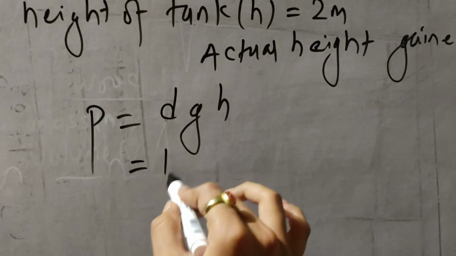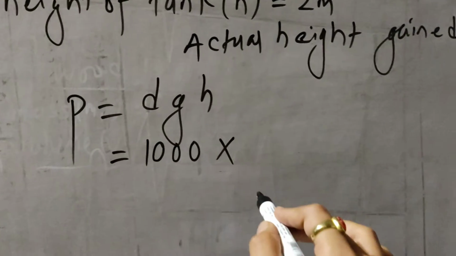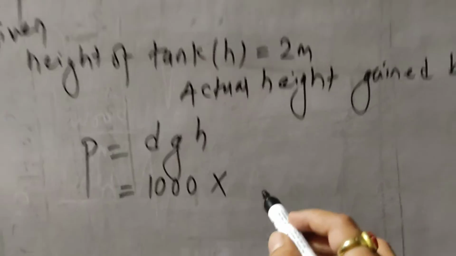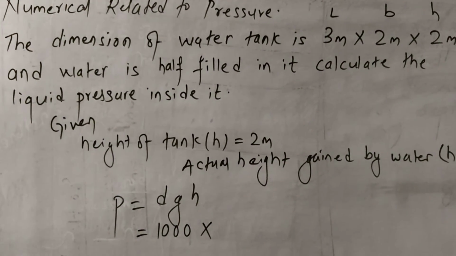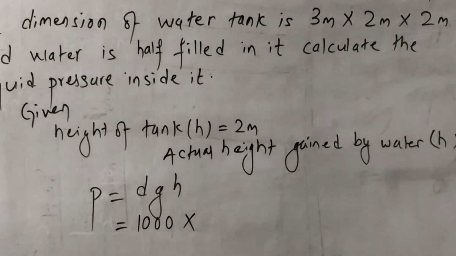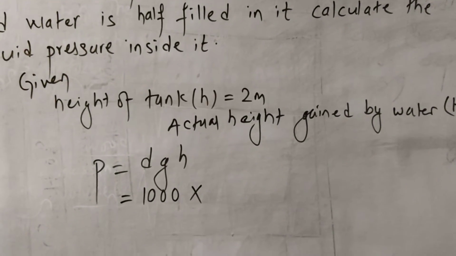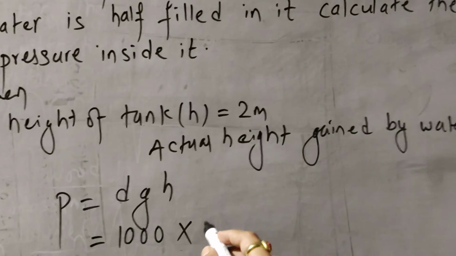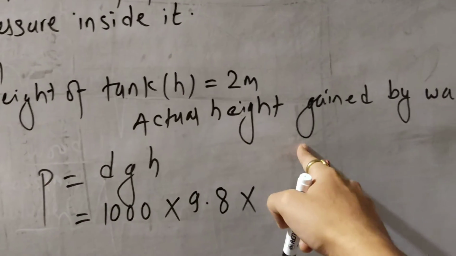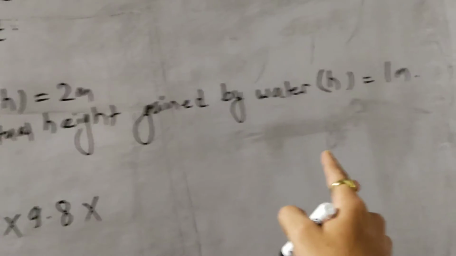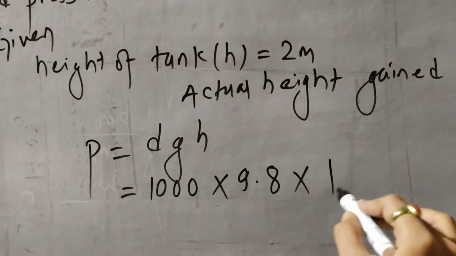We have to write it by ourselves, that is 1000. G is the acceleration due to gravity. If given in the question, we would write that, but it is not given, so we have to use 9.8. And the actual height gained by the liquid is 1 meter, so we write 1 meter.